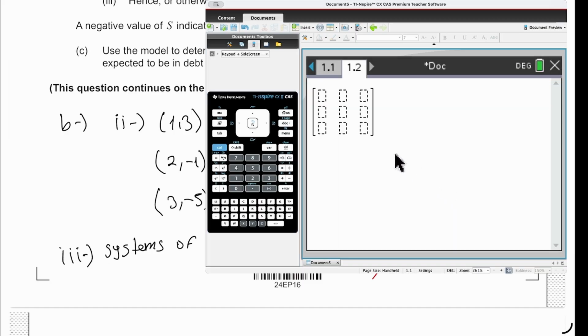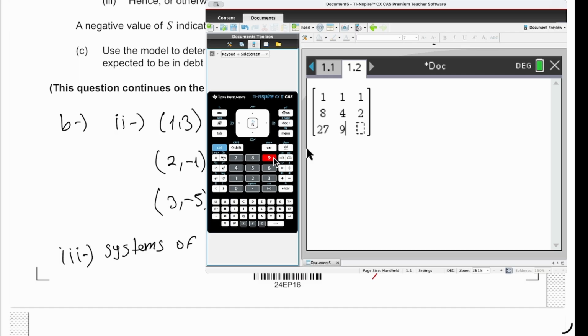Write down your values here, which is my 1 1 1, 8 4 2, 27 9 3, and we're going to find the inverse of it.